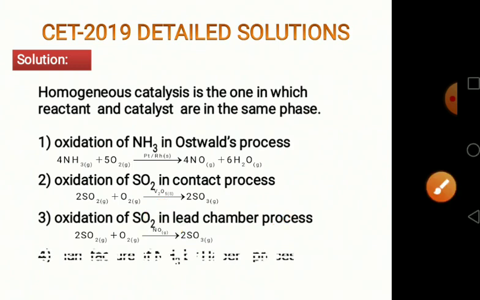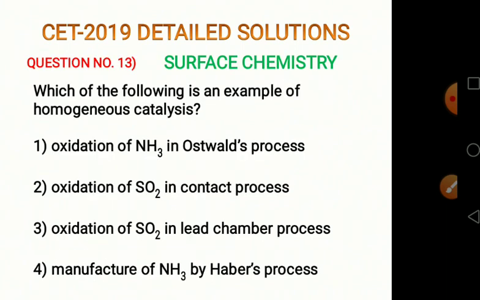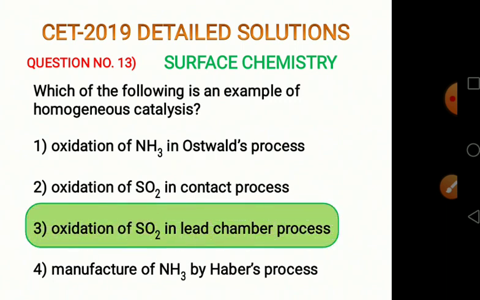Once again, let us look at the fourth: N2 plus 3H2 gives 2NH3 with solid Fe. So this is also heterogeneous catalysis. So the answer is the third option, which is the correct one. So this is about question number 13.